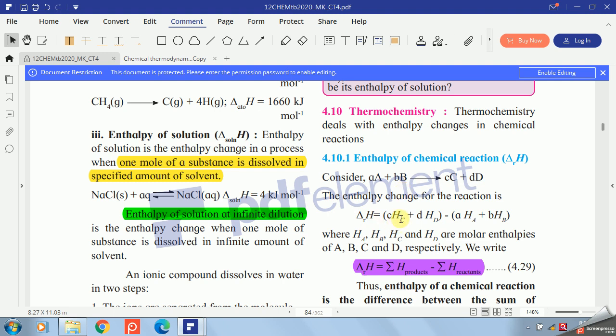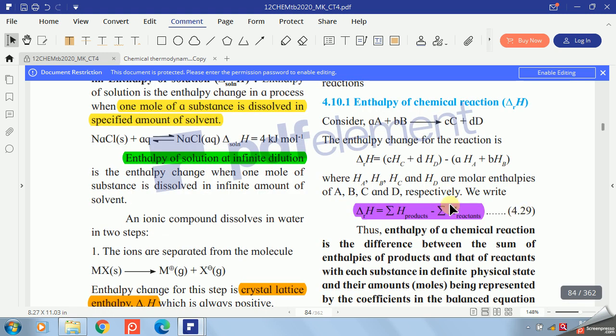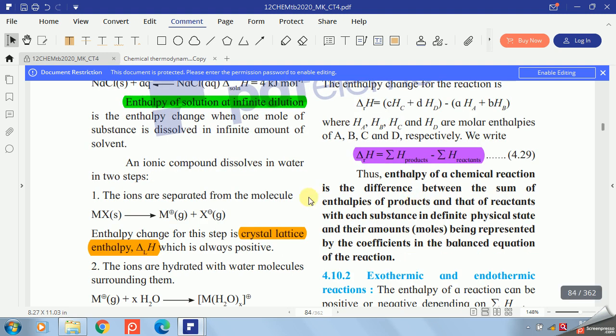So c into enthalpy of C plus d into enthalpy of D minus a into enthalpy of A plus b into enthalpy of B. Capital HA, HB, HC and HD are the molar enthalpies of A, B, C and D respectively. So the enthalpy of reaction is the summation of the enthalpy of products minus the summation of the enthalpy of reactants.